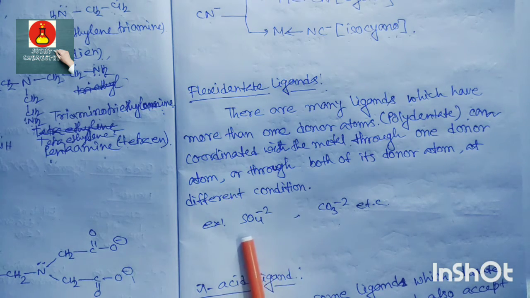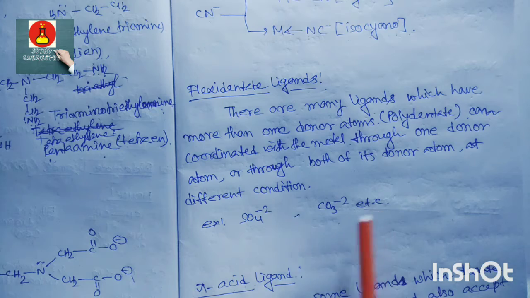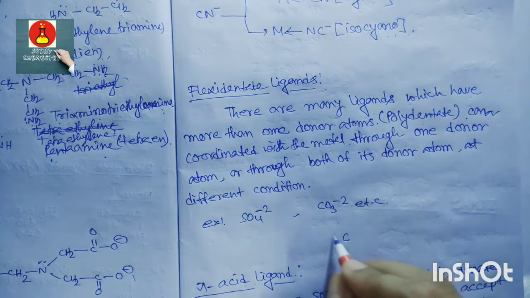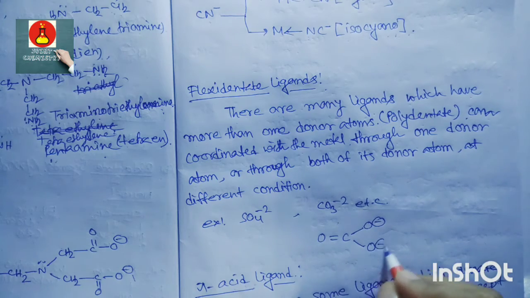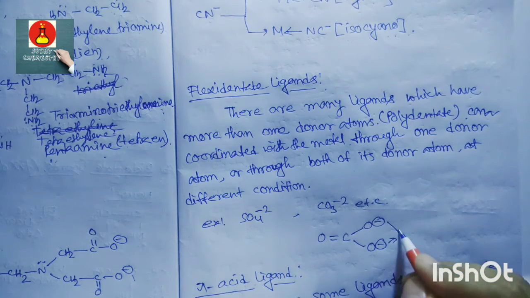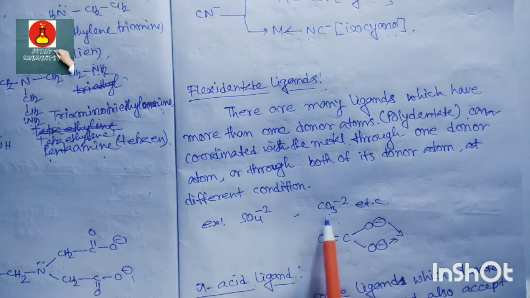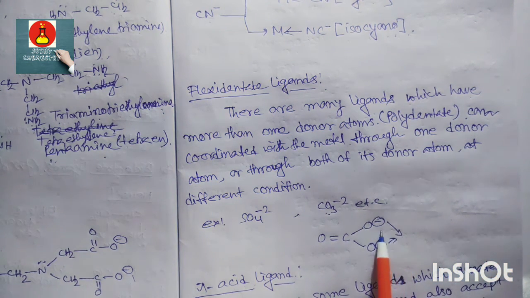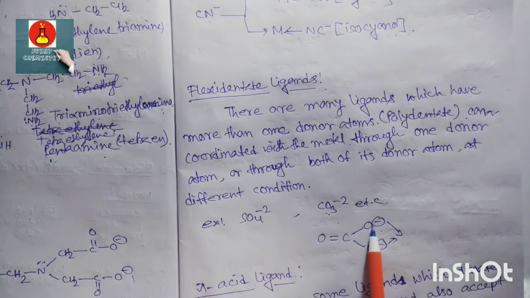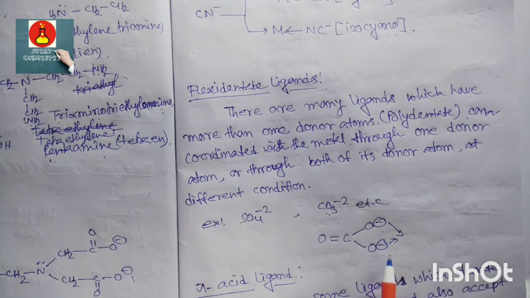For example, SO4 2 minus and CO3 2 minus. In the case of CO3 2 minus, the structure is like this. So it has two donor sites, right? It can bind with the metal atom or ion through one of its oxygen donor atoms or through both of its oxygen donor atoms.